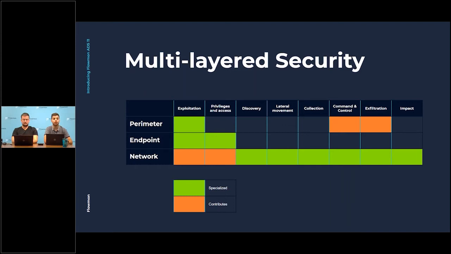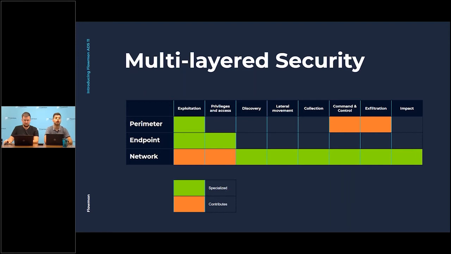And their main benefit actually lies in covering the gap left by traditional approaches. As you can see, we have the MITRE ATT&CK framework that shows us the life cycle of a security breach or security incident. And on that matrix, we show where traditional technologies are specialized and contribute in detecting and responding.